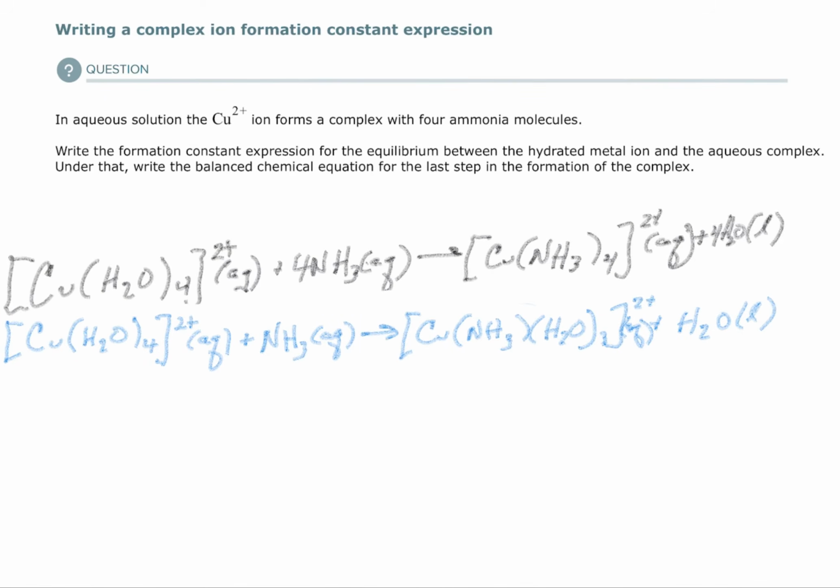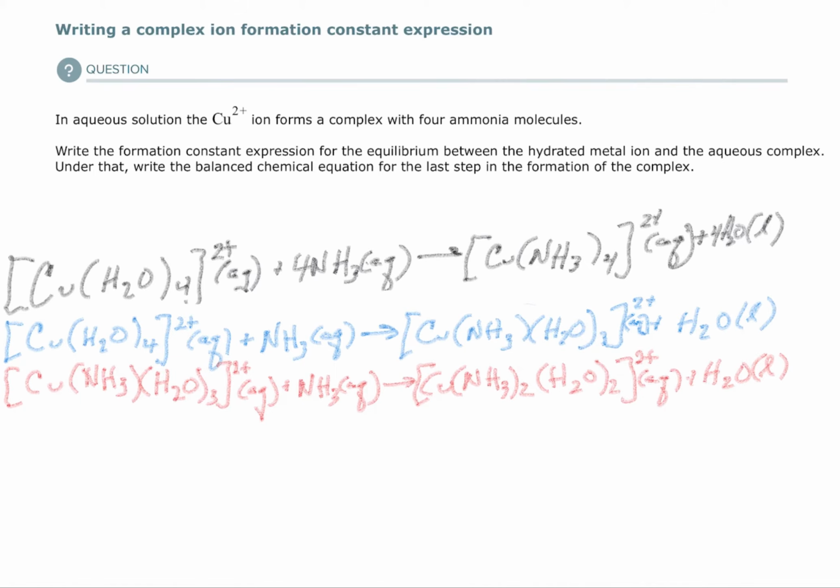So the first step would be that I would end up with a complex with 1 ammonia and 3 waters.